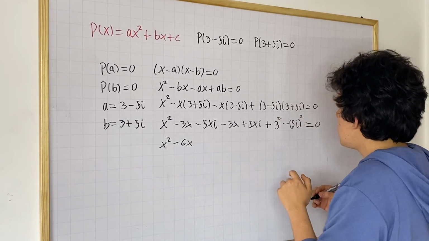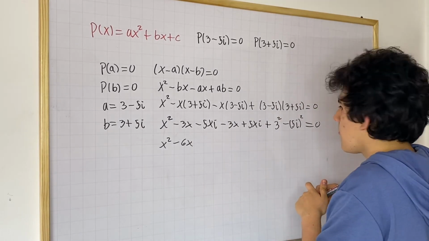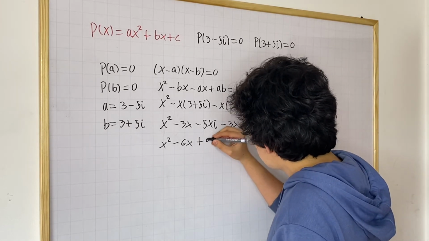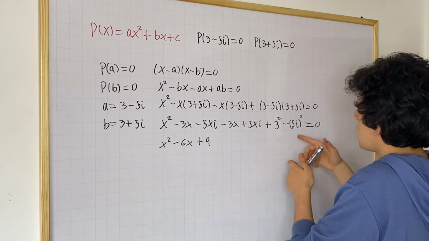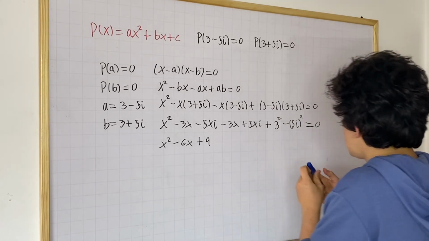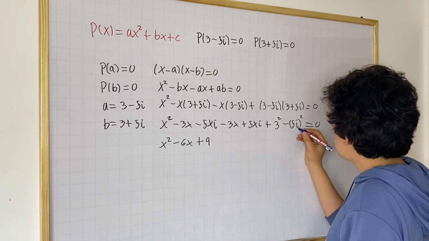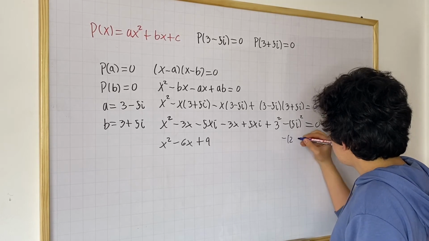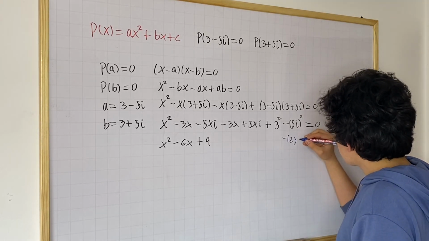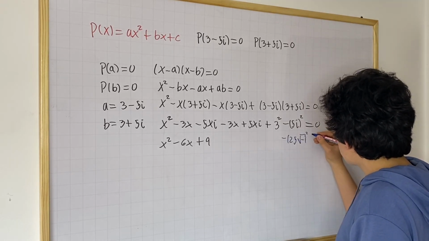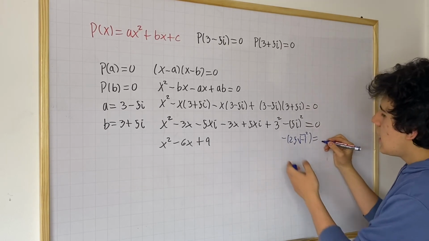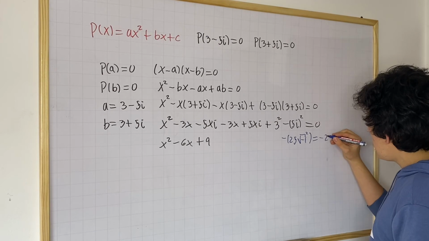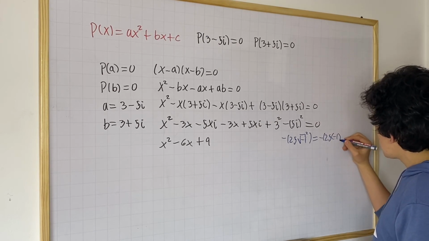And now this is just simply going to be 9 minus, and you can distribute this. I'm going to do this separately so you see it. So you have 25 times the square root of -1 squared, okay? And now you can cancel out the radical and the square, and you're just simply going to have minus 25 times -1.